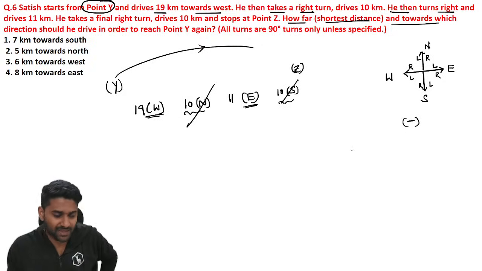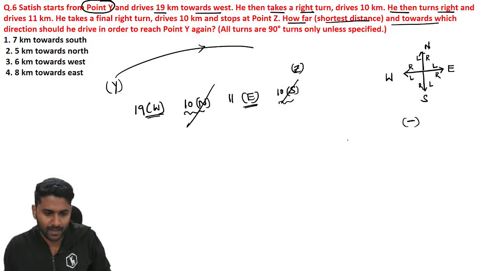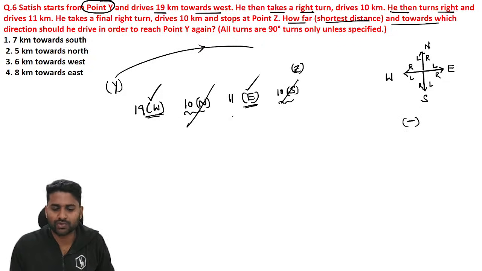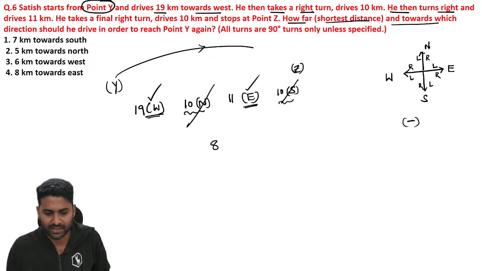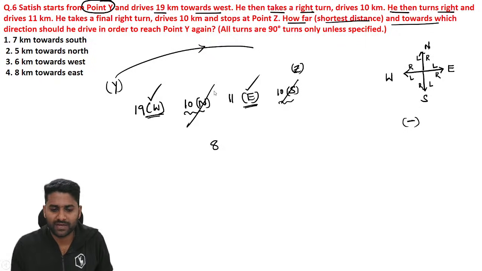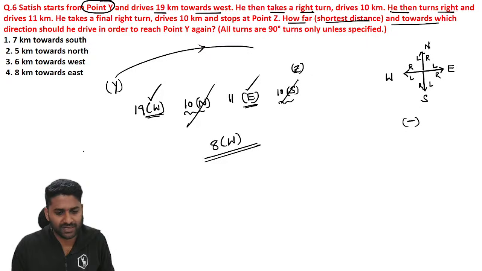If it is the same direction, just add. Difference between 19 and 11 is 8 units. But what about the direction? Remember guys, in a given comparison, whatever the highest number represents the direction. So here the direction reference is west. So the answer is 8 kilometers west.